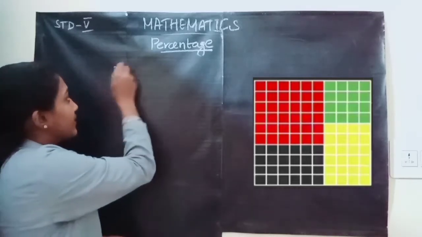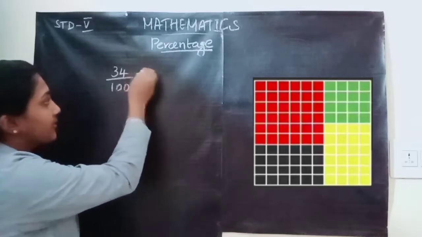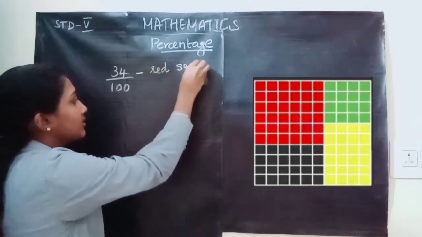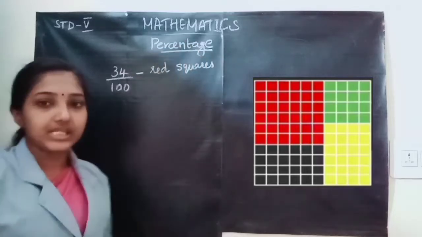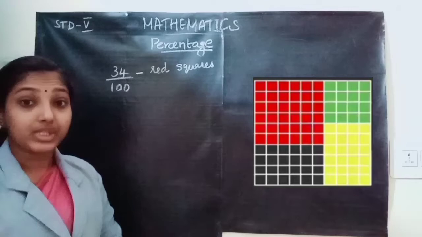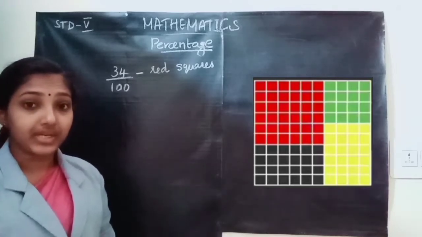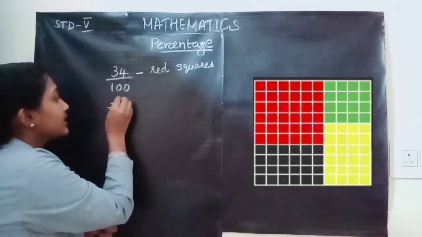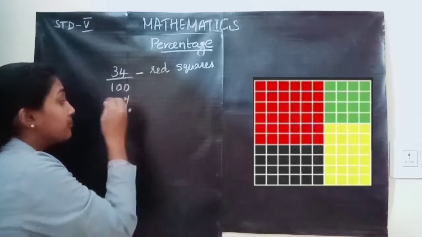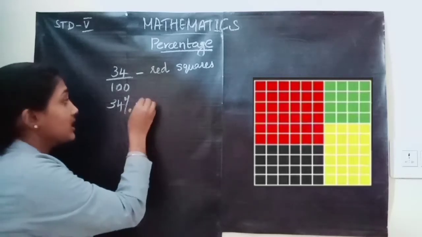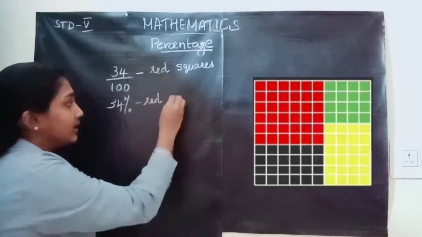So, we can write that 34 by 100 are red squares. Okay, we can say that 34 out of 100 squares are red in color. Or, we can say that 34% of these 100 squares are red in color.